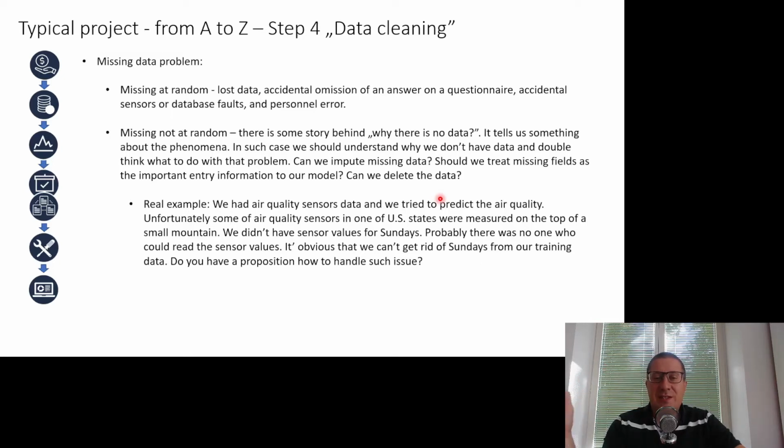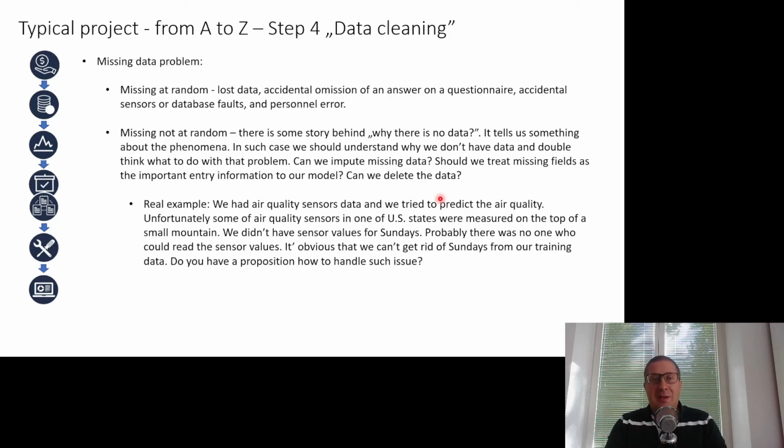And we didn't have sensor values for Sundays. Of course, at the beginning, we didn't know that there is some pattern, some story behind the missing data in this particular station. We just saw, looking at the distribution, that there are missing data.